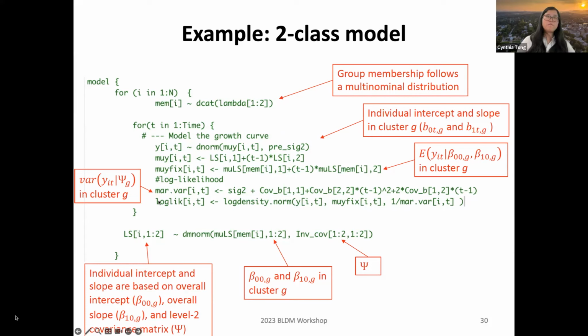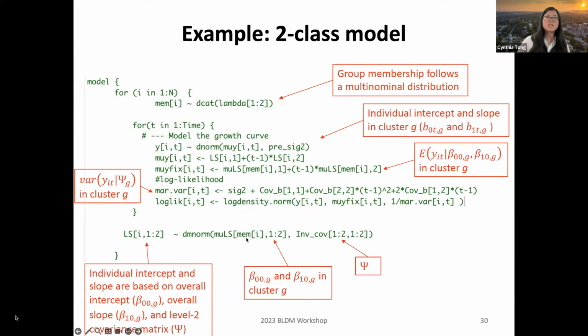And then we put the log likelihood value in, just using the log density norm function. And then for the random effects, the random intercept and slope together follow a multivariate normal distribution with the mean intercept and slope.